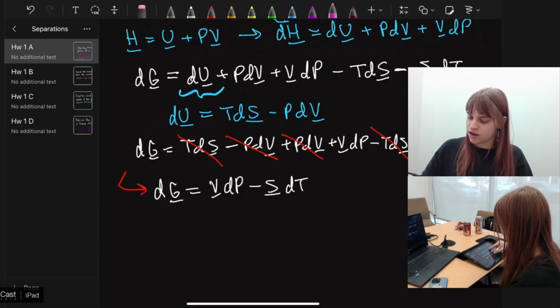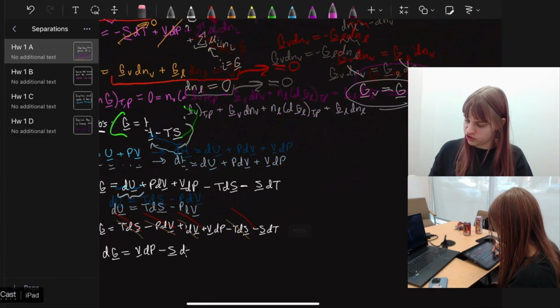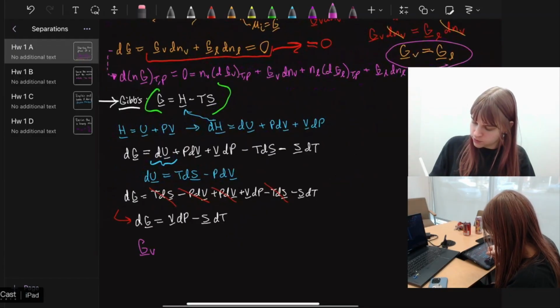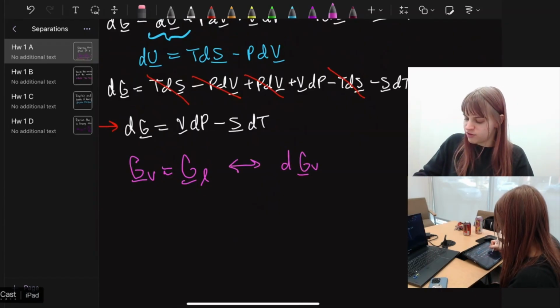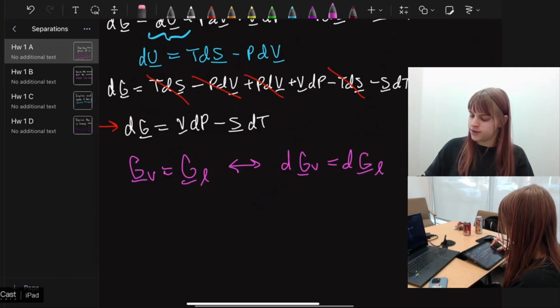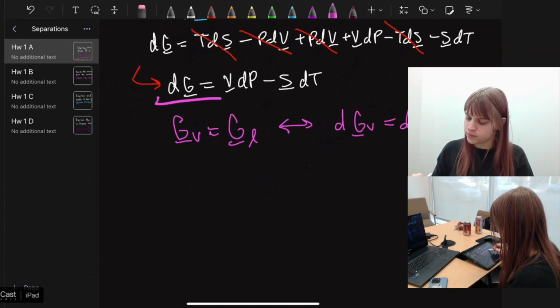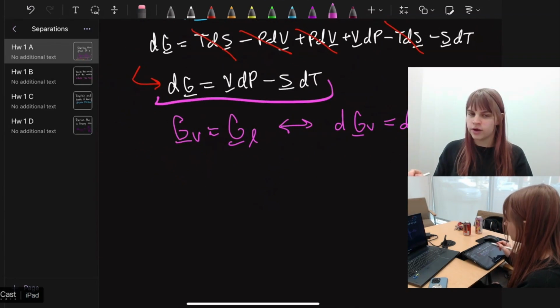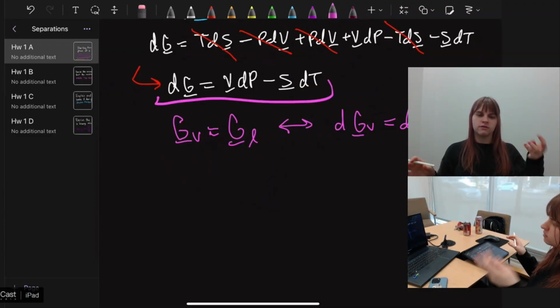What we already established earlier with this G_V equals G_L, you can also write that as the change in Gibbs free energy of the vapor phase is equal to the change of the Gibbs free energy in the liquid phase. We can now write out this equation in a different way to express both the vapor phase and the liquid phase.